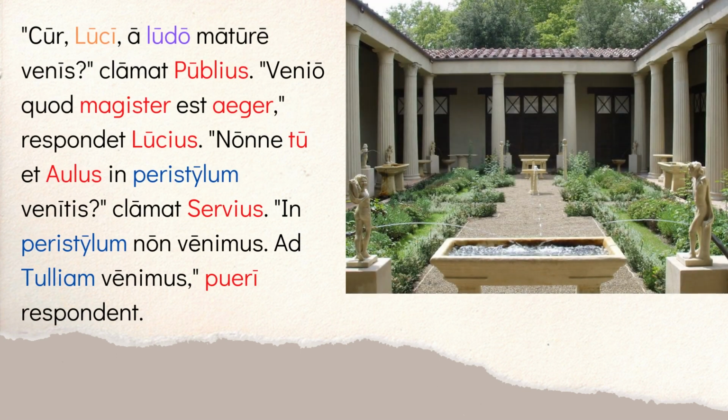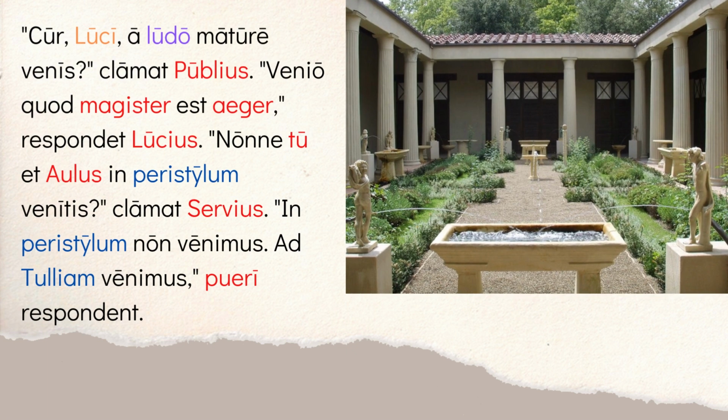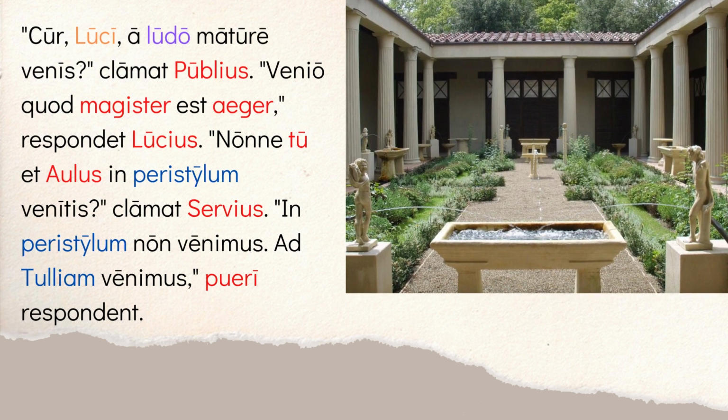And then you end the chapter, the story rather. You have, cur, Luci, a ludo mature venis, clamat Publius. So why, Lucius, right? Luci is vocative. So again, they're talking directly to one of the boys. Why are you coming a ludo, from school, mature, early, right? So it's saying, why are you coming home early from school is really what he's asking. Clamat Publius, right?